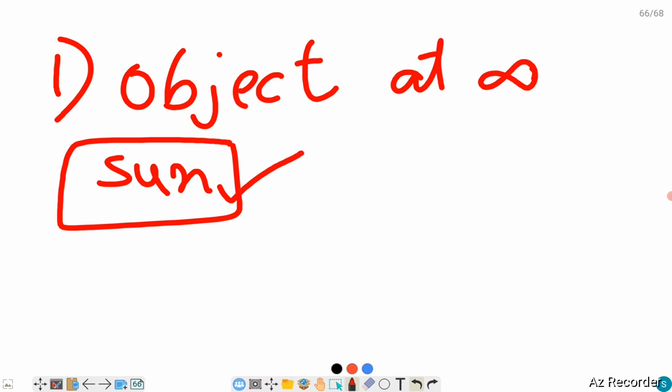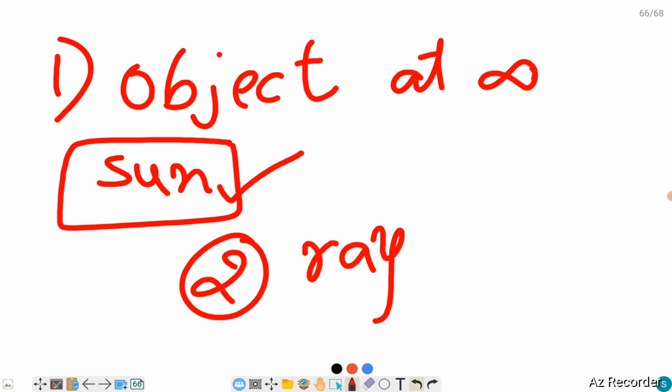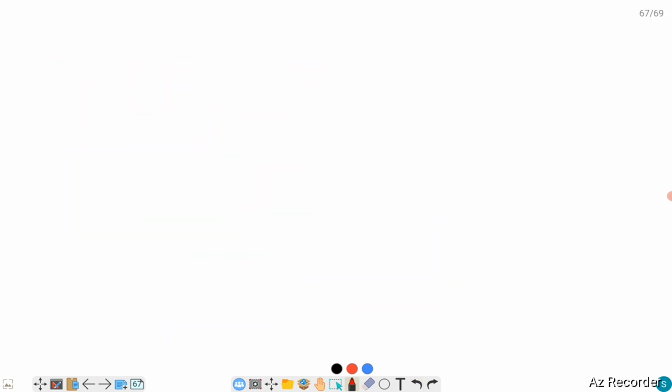If it is not there in the given options, whichever is far and it gives light, you have to take that object. Understood? Now, let me take the object at infinity. Then I will require a minimum of 2 incident rays to take the image. And for those 2 incident rays, the first ray, I always take the ray which is parallel to the principal axis.